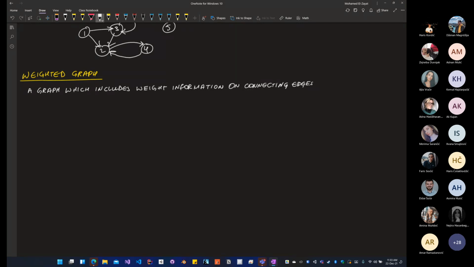And it can be applied to directed and undirected graphs.